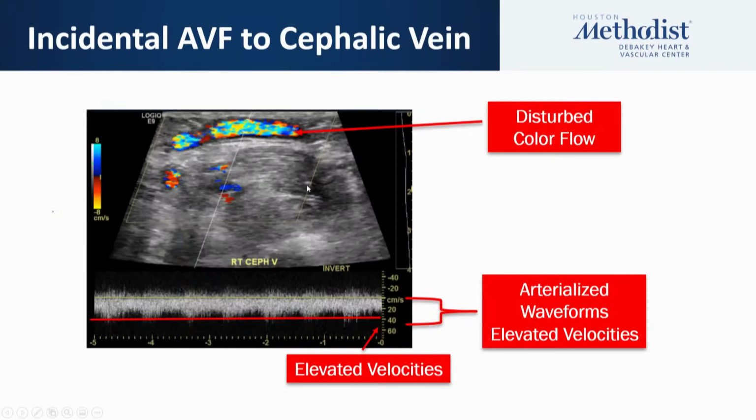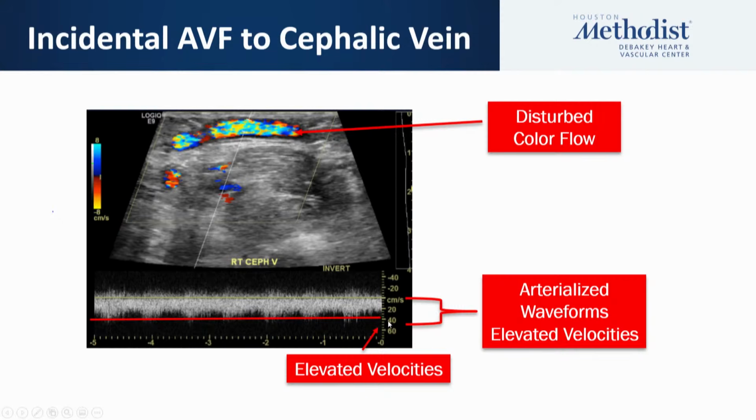So here's another example of interesting findings in the upper extremity. This is the cephalic vein. If you look at the spectral window, it's a low window, measured at 8 here, and we see significant disturbed flow within the cephalic vein and very pulsatile, arterialized-like waveforms, even though the velocities are not extremely high.